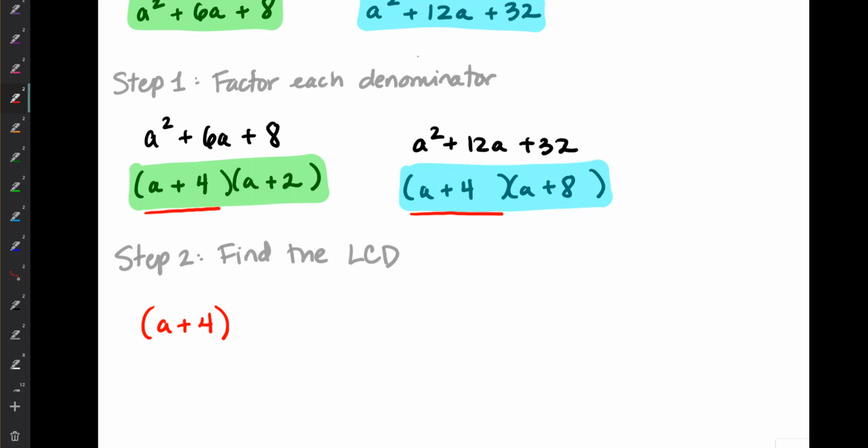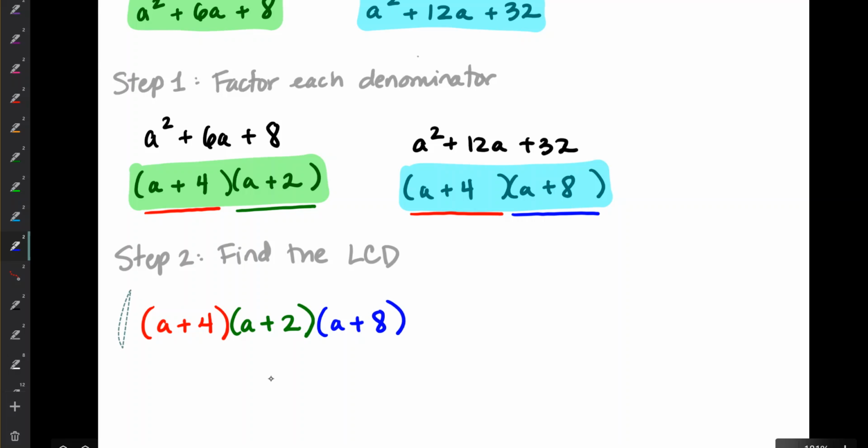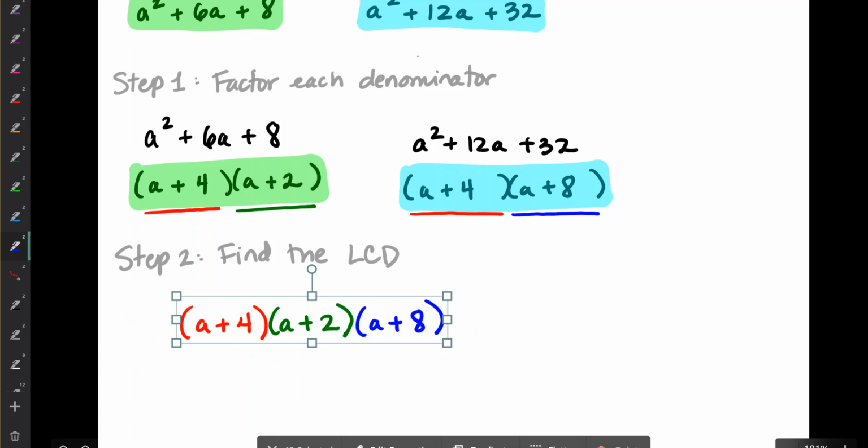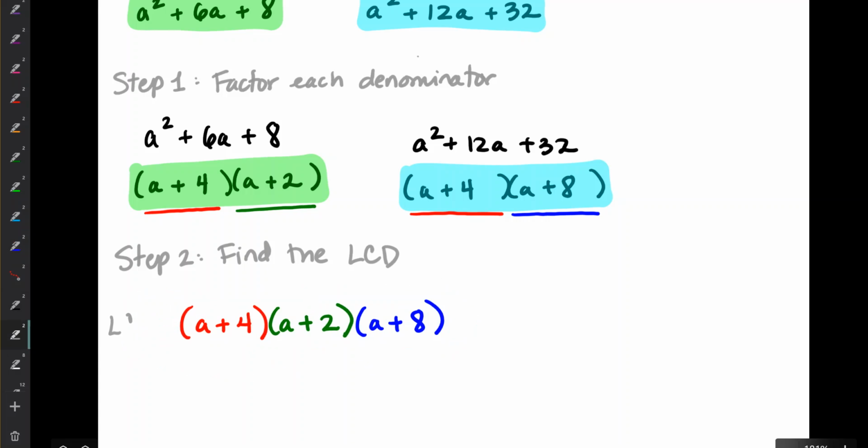I just need one a plus 4 factor. Now, the green denominator also has an a plus 2 that the blue denominator doesn't, so I'm going to need an a plus 2 factor. And the blue denominator has an a plus 8 factor that the green doesn't, so I'm going to need that a plus 8. Okay, so that's our LCD. That is the smart common denominator that we want.